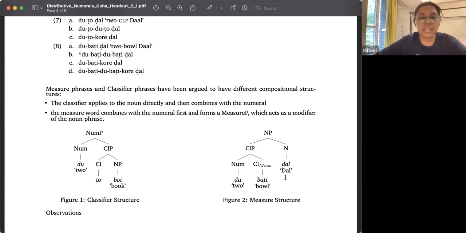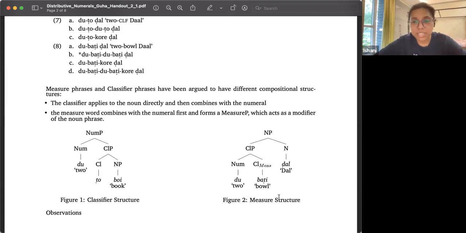So basically, she made a deal about the fact that the measure phrase is a modifier structure, right? So reduplication, if it applies to it... okay, yeah, no, I got it. So the thing is that you have the modifier. So since all of you are syntacticians, you will understand this well.